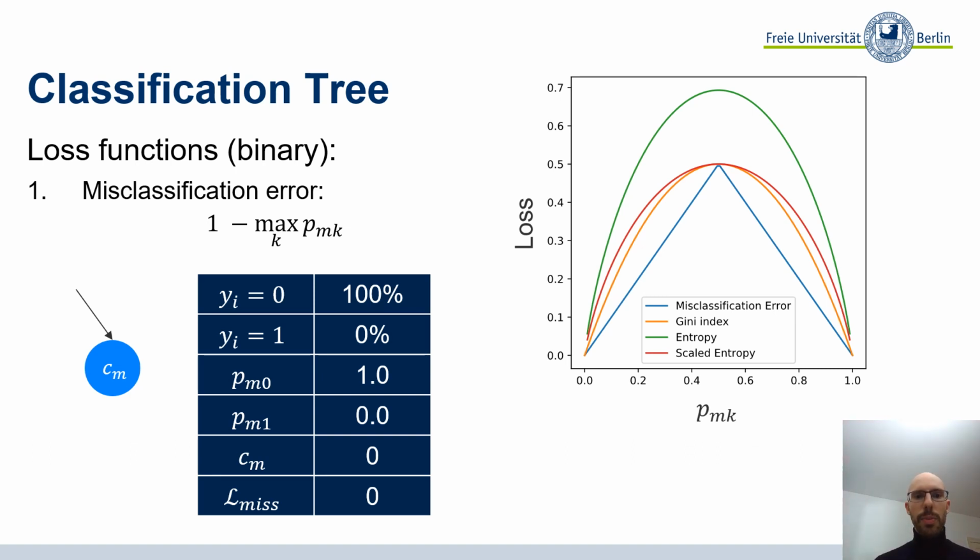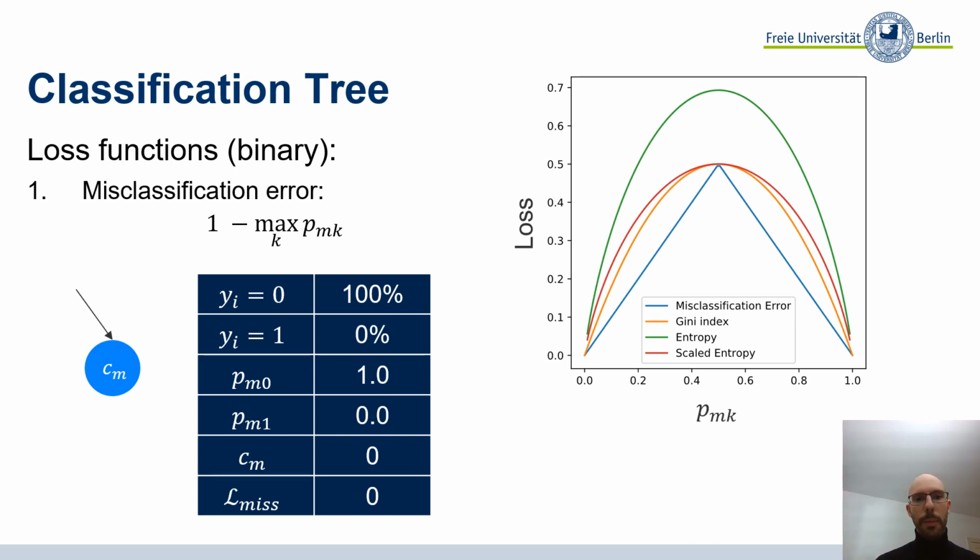Let us assume that from our training data, 100% of the training data has a label 0 and 0% has a label 1. Then the proportion PM0, so PM for label 0 at this node M, is going to be 1.